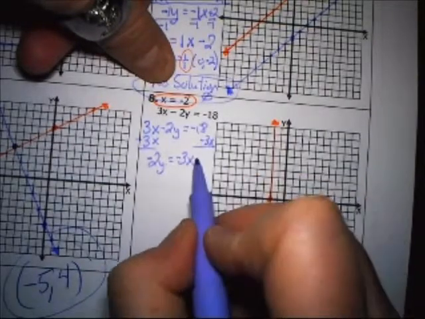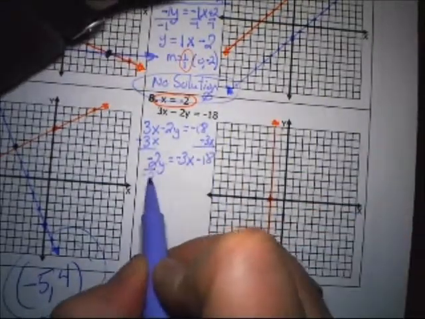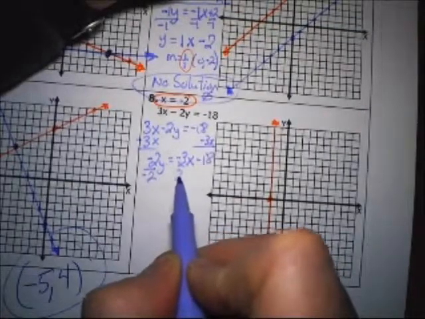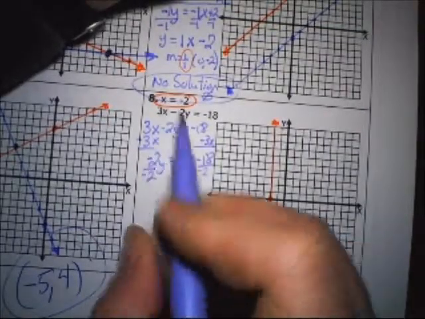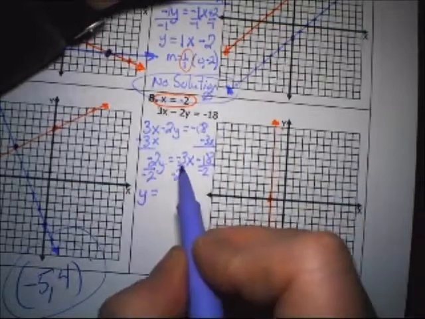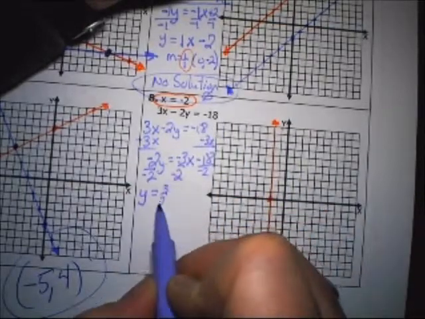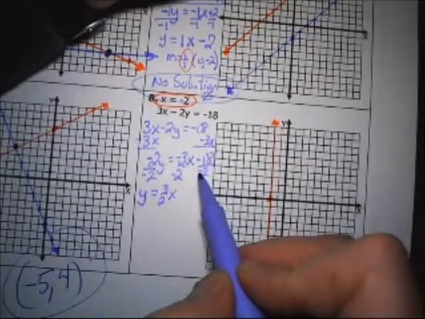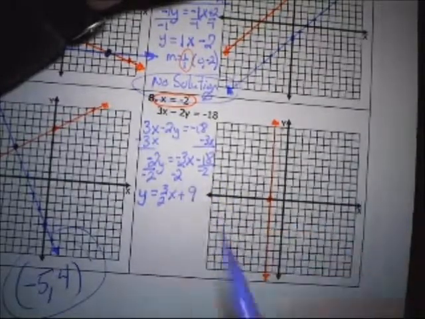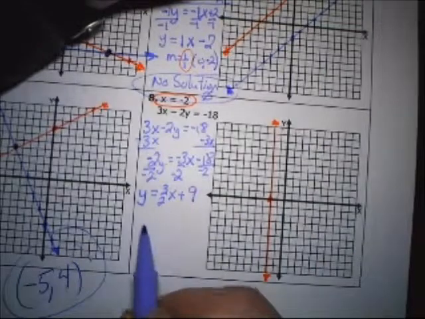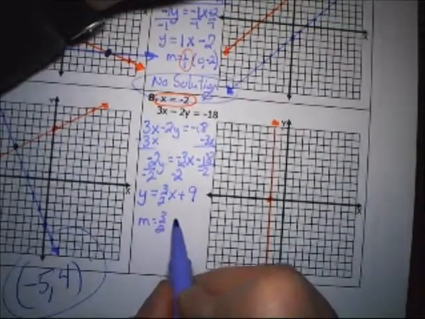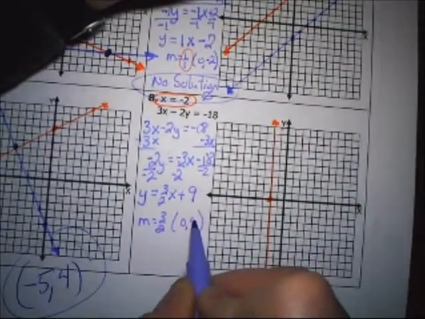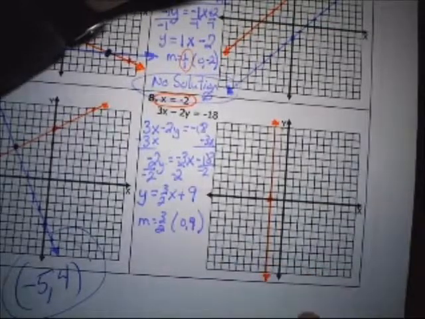I'm going to write the x first, but then I have to divide everything by negative 2, and my new equation is y equals 3 over 2x, because the negatives cancel out, and then negative 18 divided by negative 2 is a positive 9. My slope is 3 over 2, and my y-intercept is 0, 9.